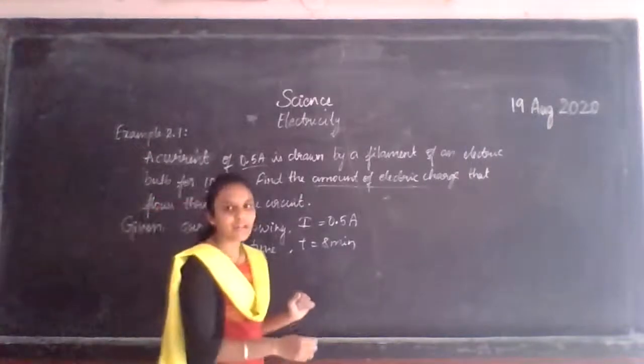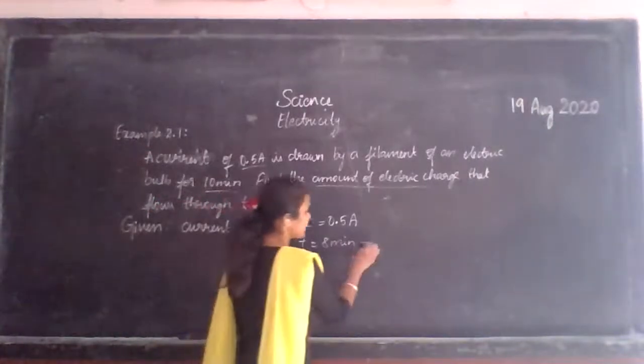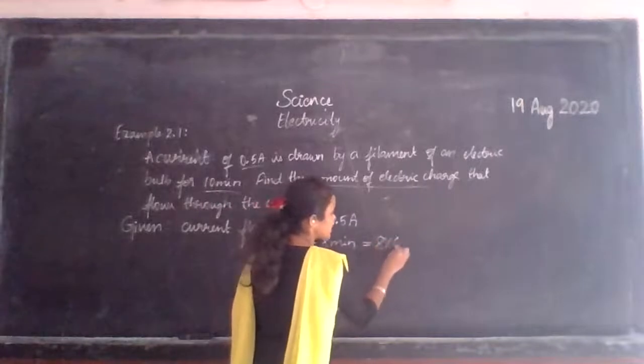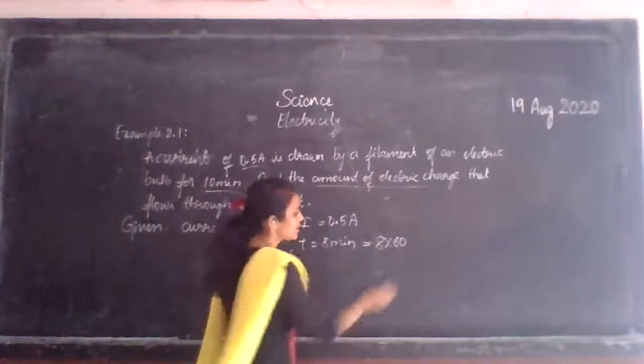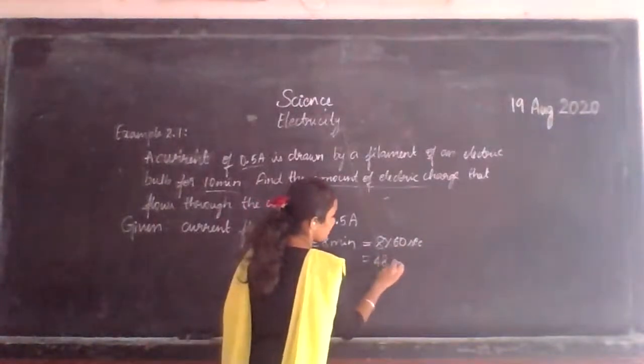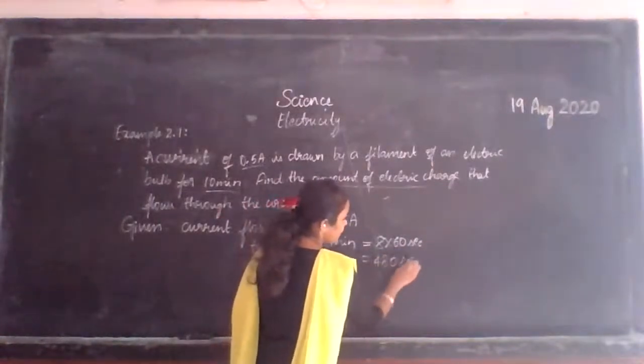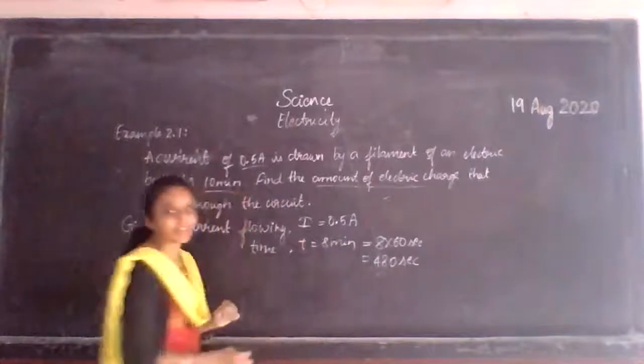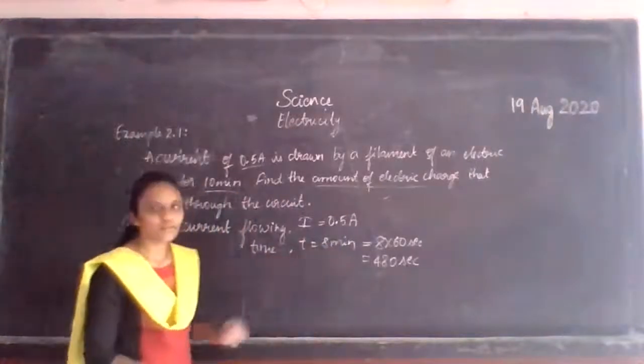To convert 8 minutes into seconds, I'll get 8 into 60 seconds. 8 sixes are 48, so 480 seconds.